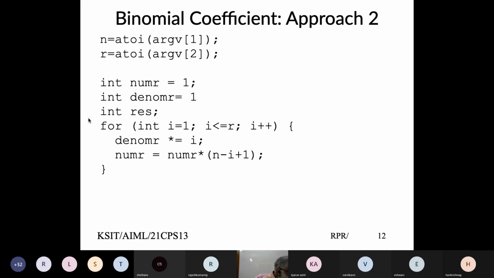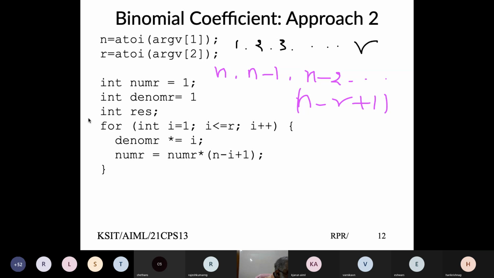My denominator is I have to multiply 1 into 2 into 3 up to r. So this, I keep increasing by 1 to r, denominator is much easier. My numerator is n into n minus 1 into n minus 2 up to n minus r plus 1.